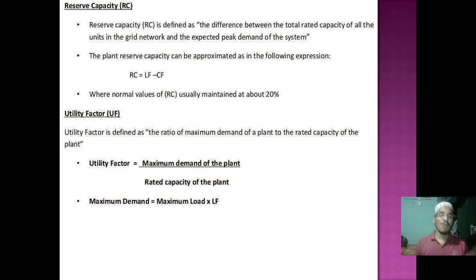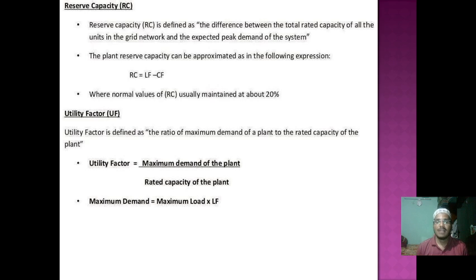As per the power in 1 hour we can calculate the maximum demand, and then maximum demand divided by the capacity of the power plant gives the answer. That answer is the utility factor.